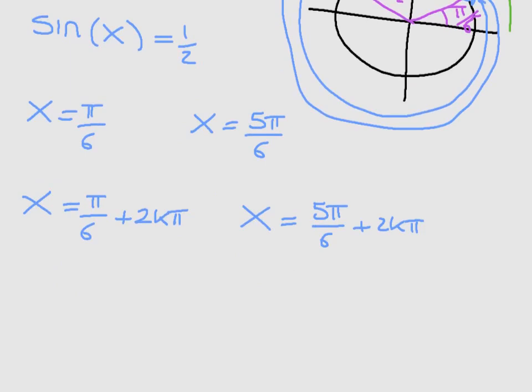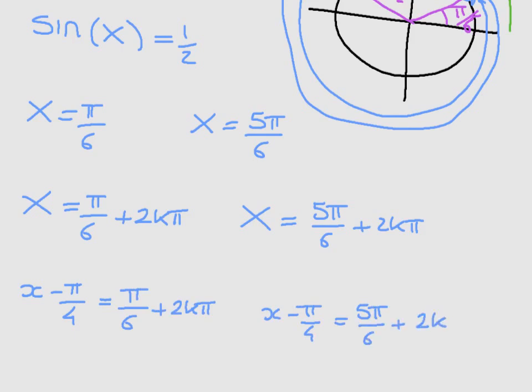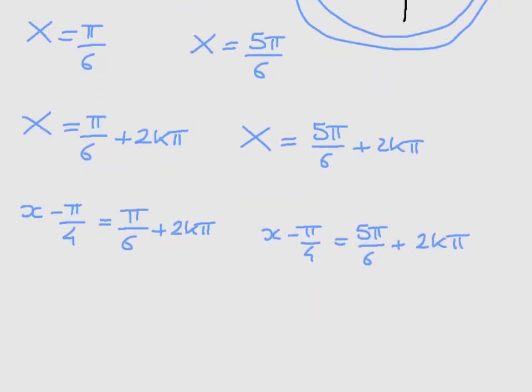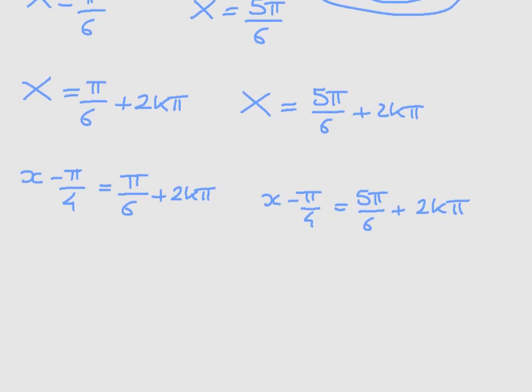So, now that we've done this, we have to remember what capital X actually was. Capital X, remember, was x minus pi over 4. So, x minus pi over 4 is equal to pi over 4 plus 2k pi, or x minus pi over 4 can be equal to 3 pi over 4 plus 2k pi. We now have to simplify these a bit and rearrange them so that we have expressions for x.